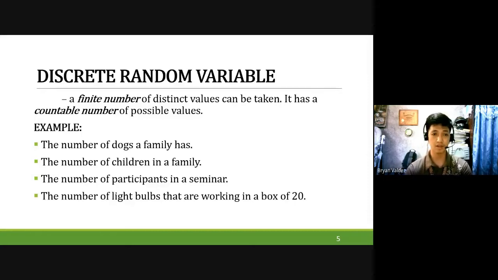For example, we can identify the number of dogs a family has, the number of children in a family, the number of participants in a seminar, the number of light bulbs that are working in a box of 20. So yun lang yung tatandaan nyo sa discrete random variable. Meron siyang limit kung ilan lang yung values na pwede, and then yung mga values na yon ay pwede natin bilangin.